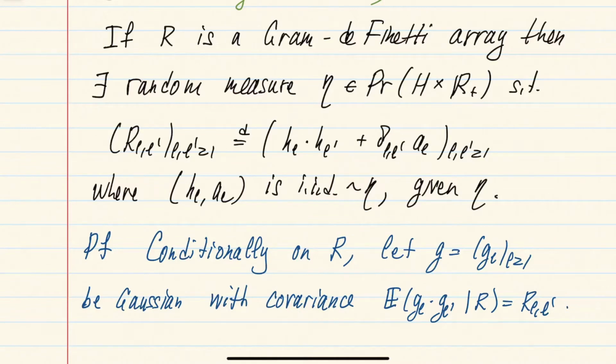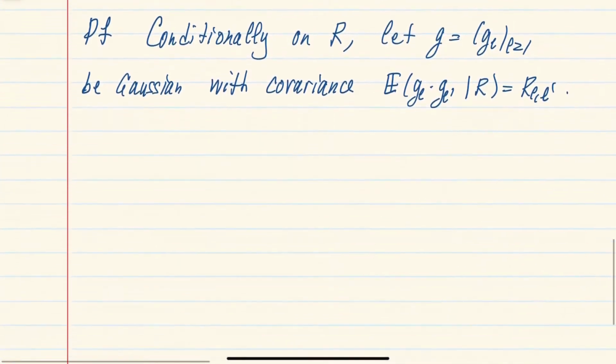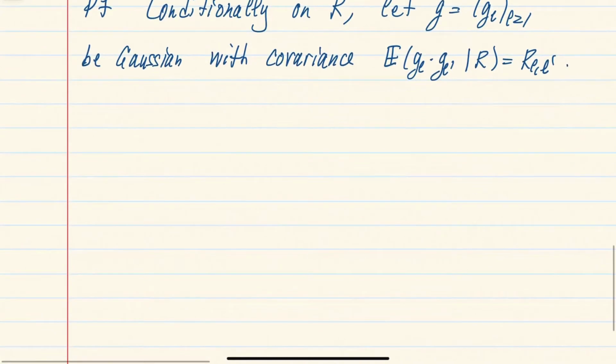Now, in fact, we will take not just one of these Gaussian sequences, but we will take an IID sequence of copies of this vector or this sequence G.